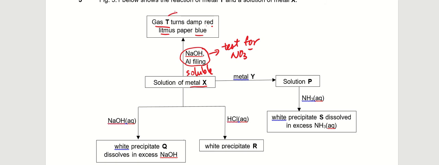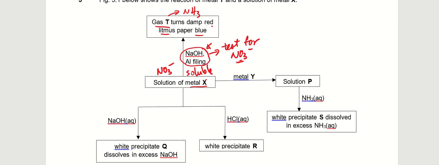So this gas T is definitely ammonia gas, and its presence when we add sodium hydroxide and aluminium filings indicates that the nitrate ion is present. Therefore, solution X contains nitrate, because as we know all nitrates are soluble.